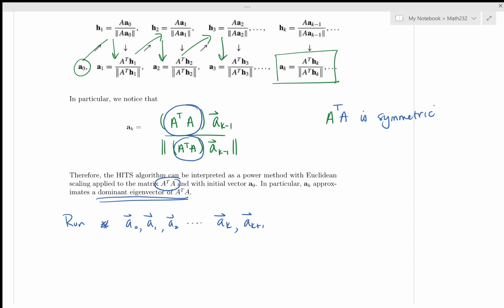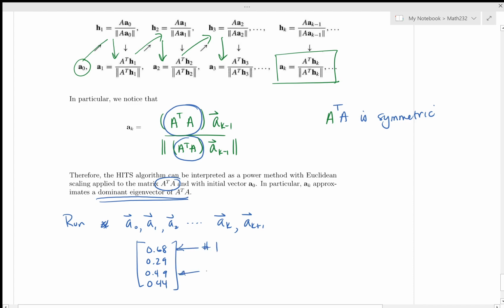And then you get some vector, like the one we looked at before. So now imagine we have come to the place where things are not changing much. We've converged to the dominant eigenvector. And then what we do is we order based on that. There's our number one recommendation, there's our number 2 recommendation, there's our number 3 recommendation, and there's our number 4 recommendation.